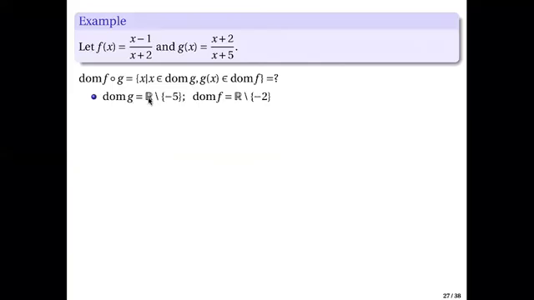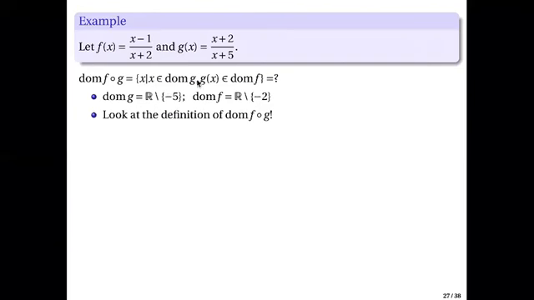Domain of g, it's the set of real numbers except -5. The domain of f, it's the set of real numbers except -2. Since your x will be coming from the domain of g, -5 is not included already. Okay? So look at the definition of the domain of f circle g.